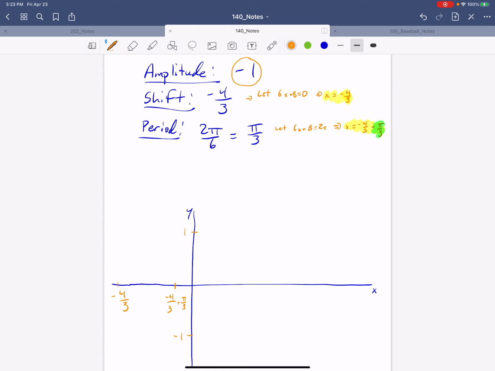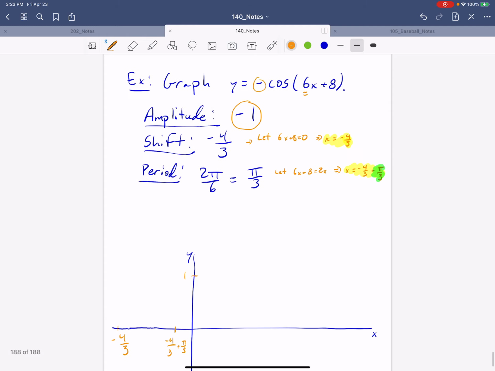And let's think about this. Maybe a good idea would be to plug in a couple of numbers. Remembering our original function, let's plug in negative cosine of 6 times negative 4/3 plus 8.